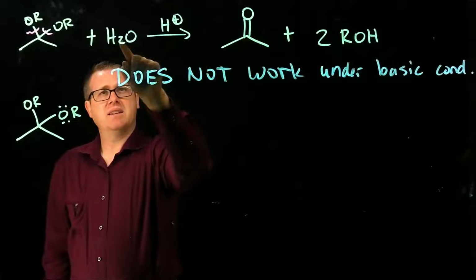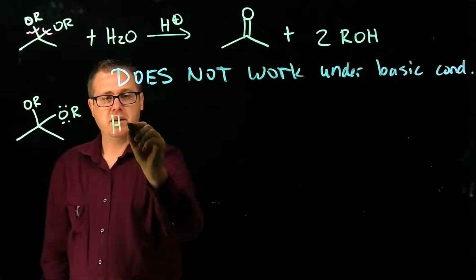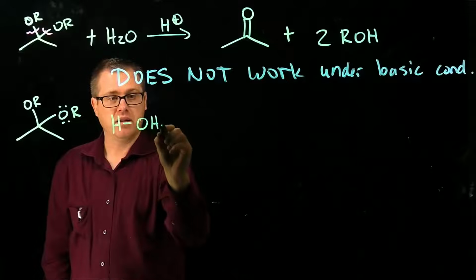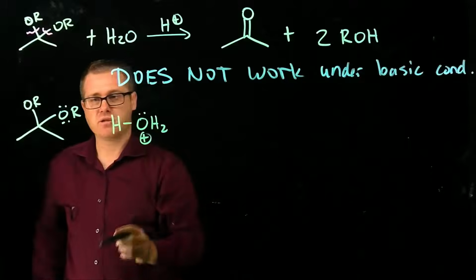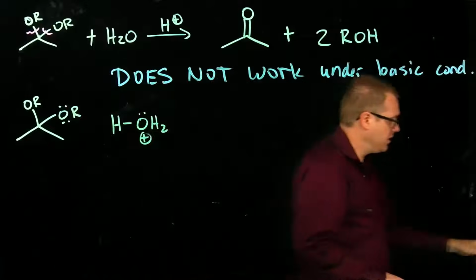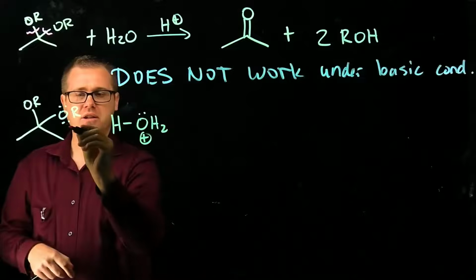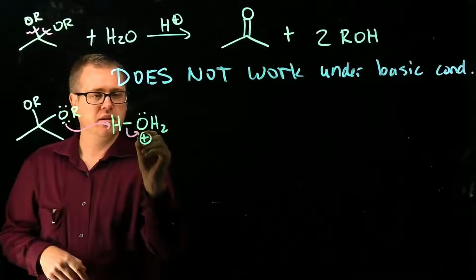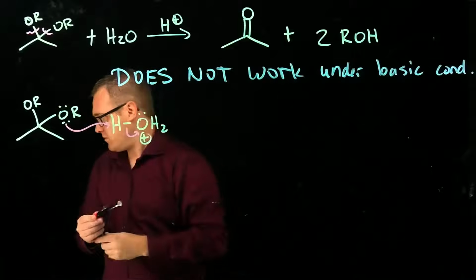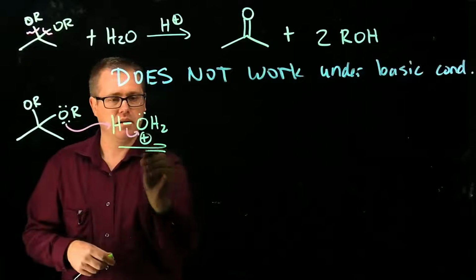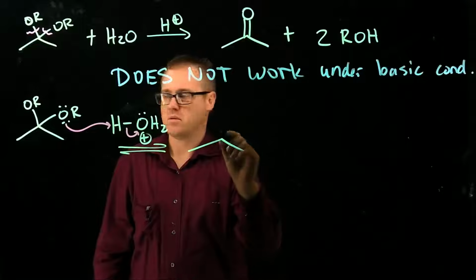When you have acid and water together, what will you generate? You'll generate the hydronium ion. And we see we have electron-rich oxygen, so that's going to come in. And this is all reversible.